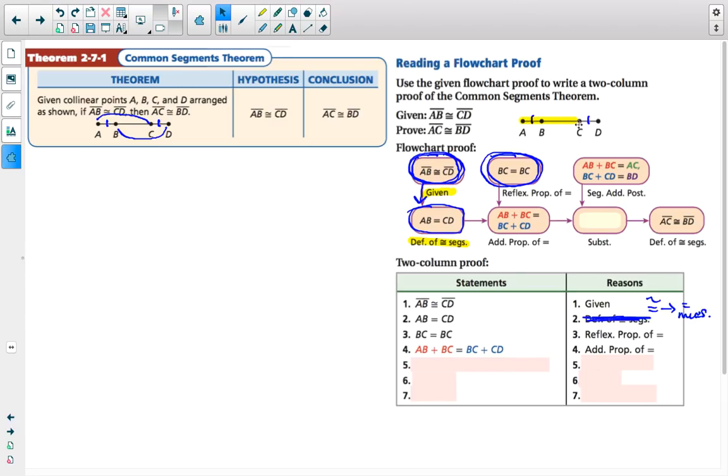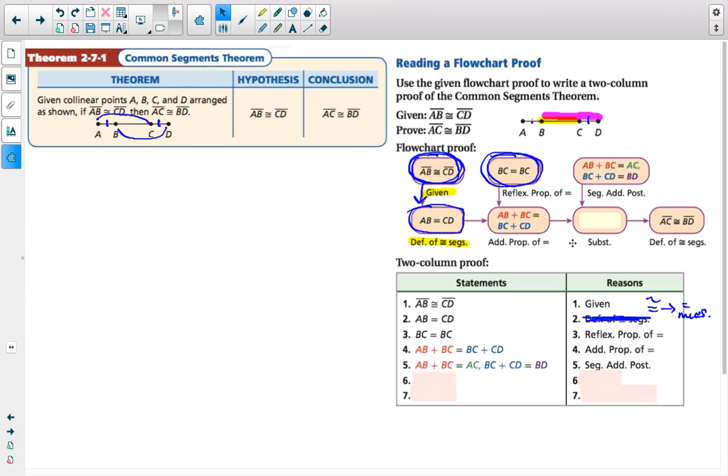But they also said that this part plus this part equals the whole. So BC plus CD equals BD. Looks like I kind of went a little too far on that one. There we go. So that's our next step in our proof here, and that's the segment addition postulate, part plus part equals whole.